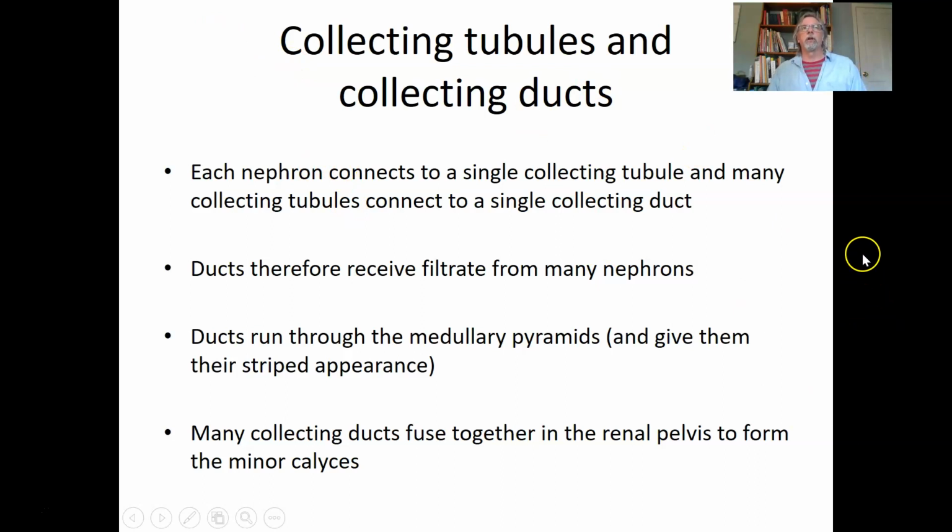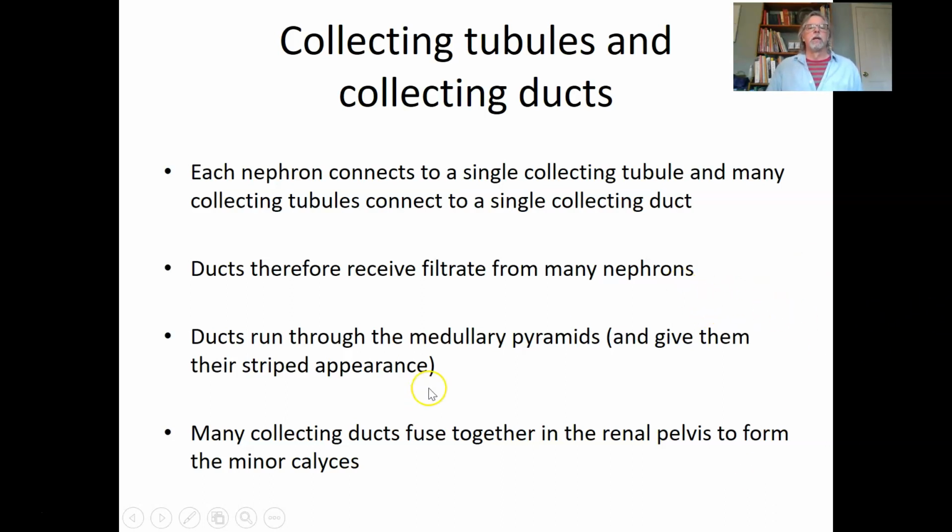So there's one nephron connected to one collecting tubule. And then you have a bunch of nephrons that are hooked up to a single collecting duct. Collecting ducts, therefore, receive filtrate from numerous nephrons, whereas a collecting tubule is receiving filtrate from only a single nephron.